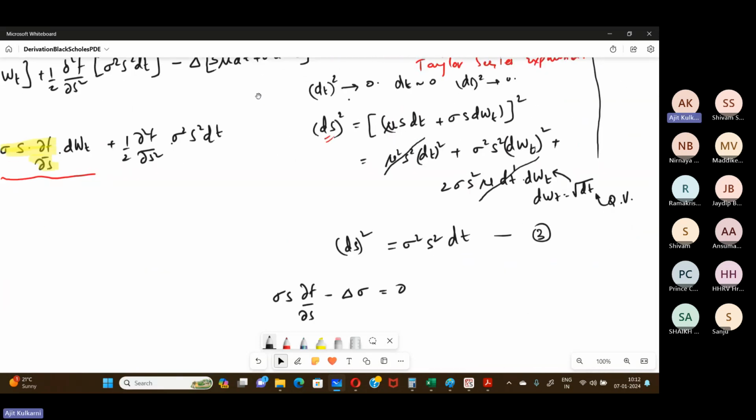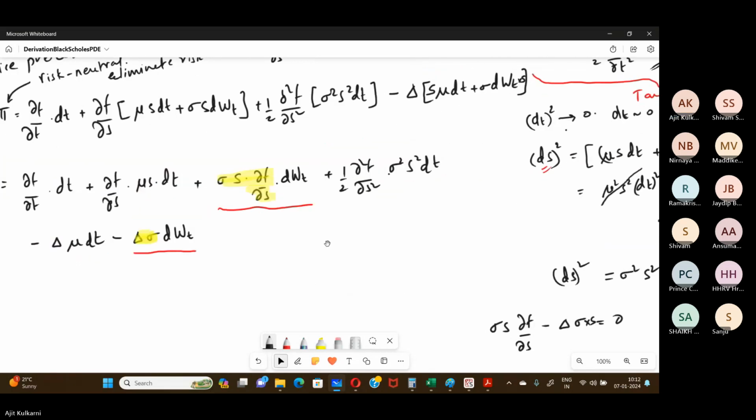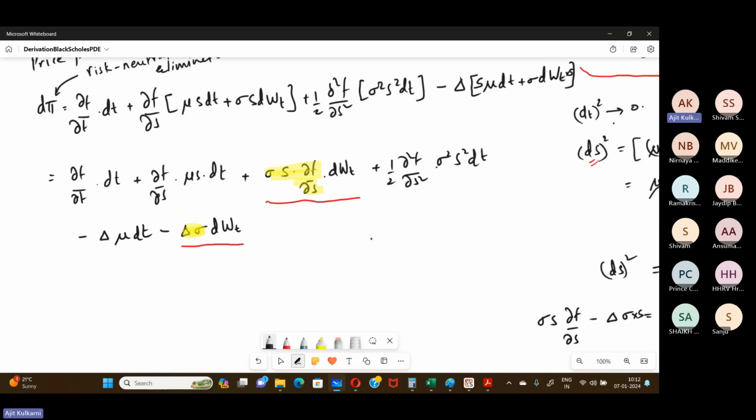So I add back that S here, and S here, and S here.